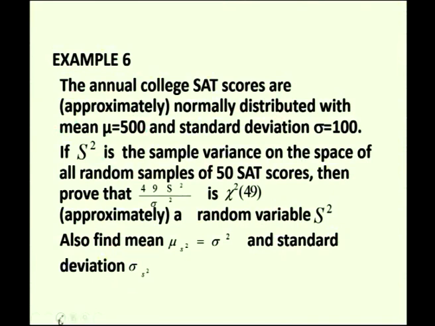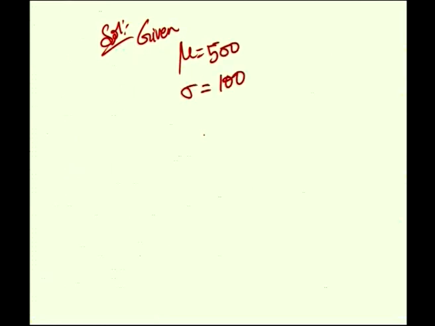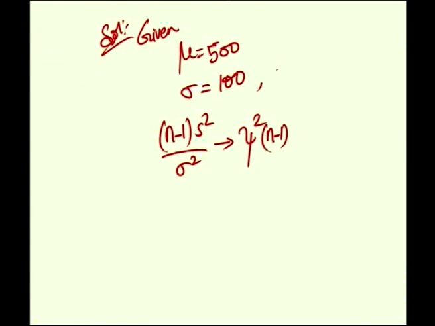We shall work out this problem. What all is given in the question? Starting the solution. Given in the question, mu is equal to 500 and standard deviation sigma is equal to 100. According to the theorem, (n minus 1) S square by sigma square is a chi-square random variable with n minus 1 degrees of freedom, and n is given to be equal to 50.